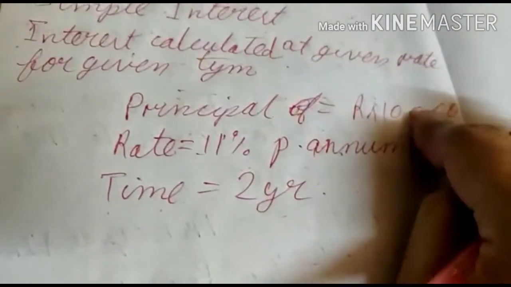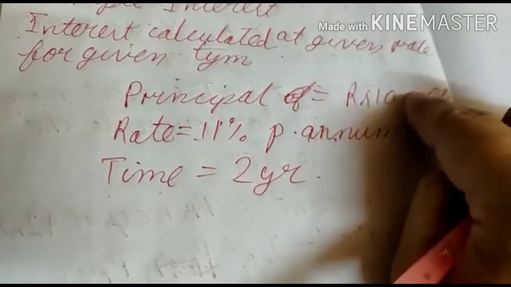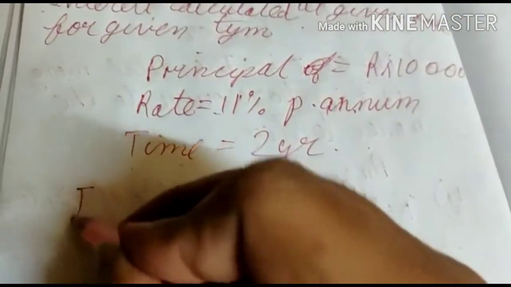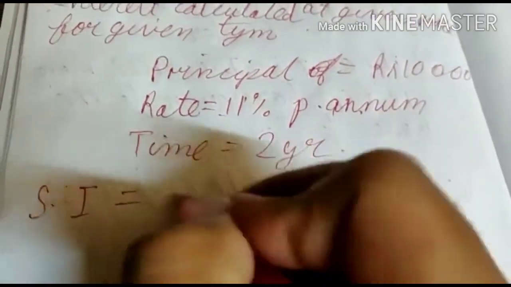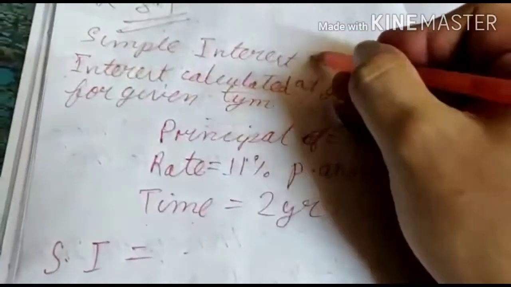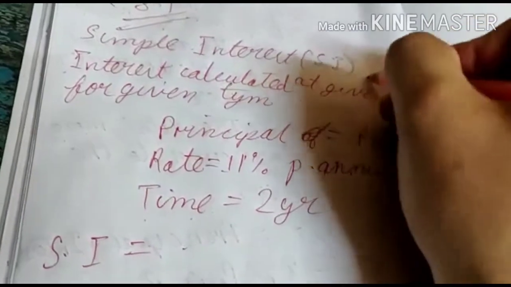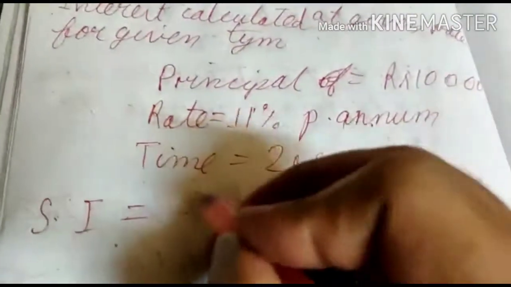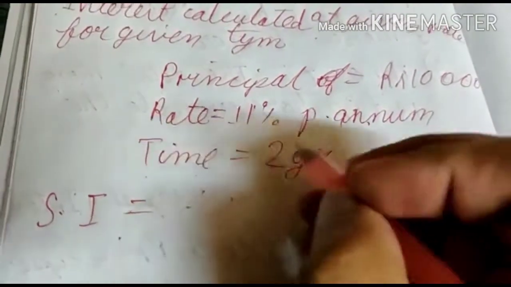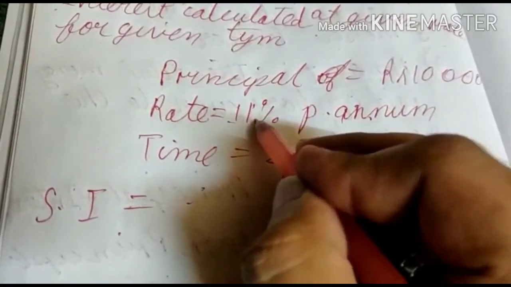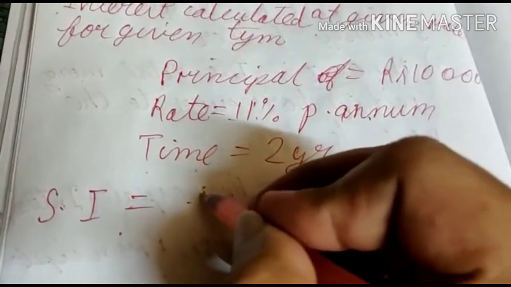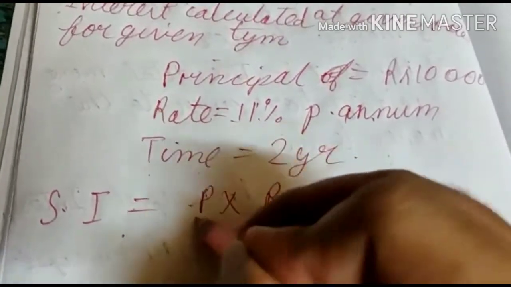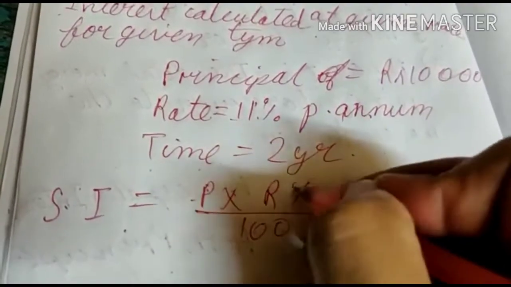Now what we have to do is calculate the interest for 2 years. Simple interest can also be written as SI. Simple interest is equal to principal into rate percent upon 100.